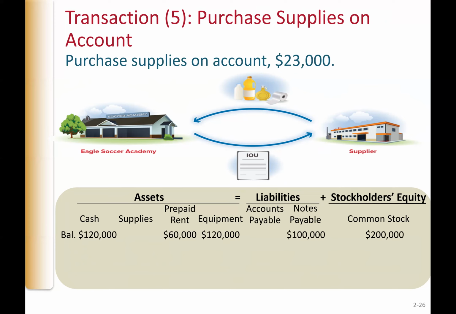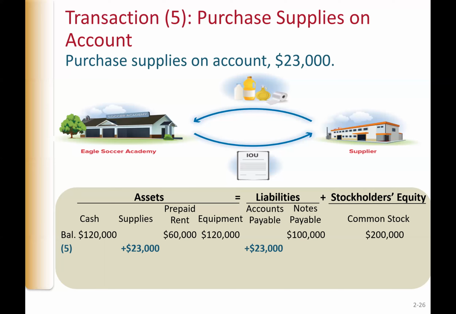So when we purchase supplies, our asset with the account being supplies increases $23,000. And now we owe the company $23,000. This is an accounts payable. It's a bill we need to pay.